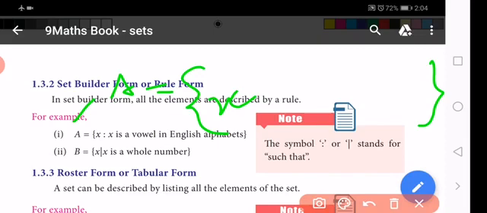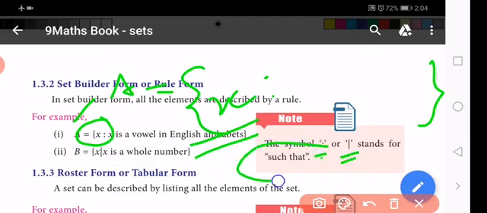The set A is equal to, for all x, then a colon or slash, which stands for "such that". So for all x such that x is what? That's all. So this is the set builder or rule form.